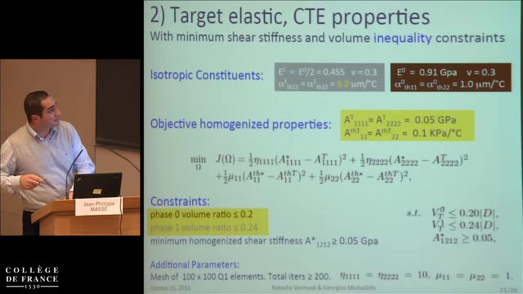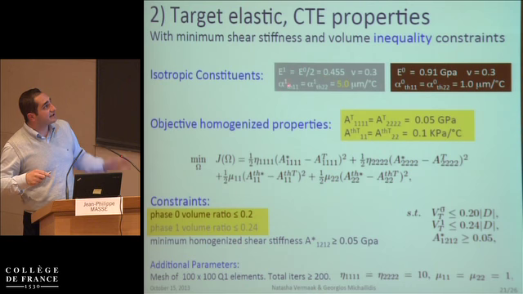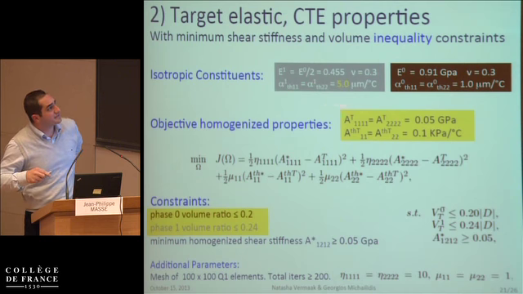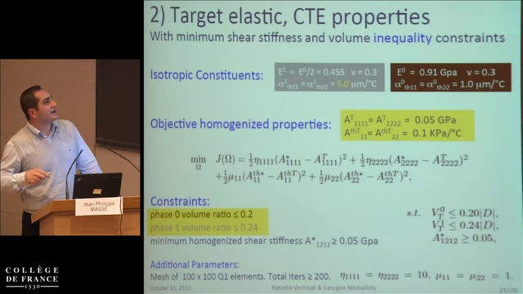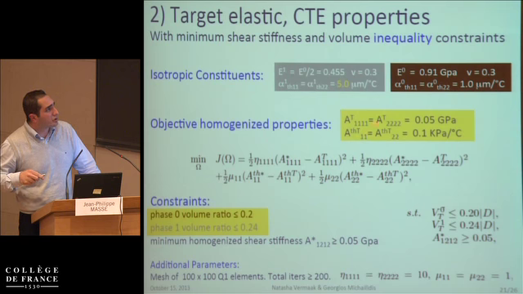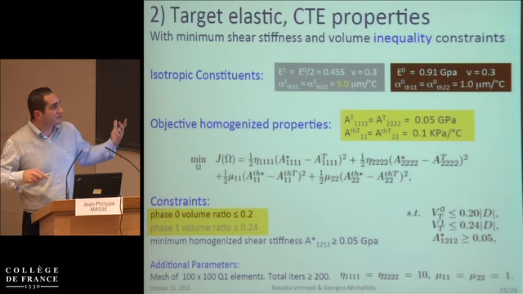So in the second example, we will use again 2 materials. Material 1 has again half of the Young modulus of material 0, and thermal strain coefficients 5 times higher than the ones of material 0. And we would like to approach some target coefficients for the elasticity tensor and the thermal stress tensor. Again, we use the same form of objective function.